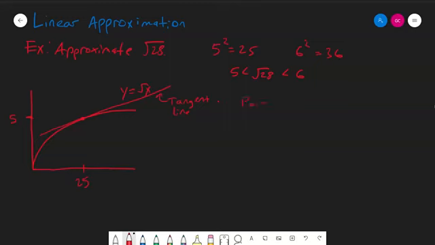To write the equation of any line, you need its slope and one point on it. And we already have a point, which is the point (25, 5). And we know that the slope is given by the derivative, evaluated at x equals 25.